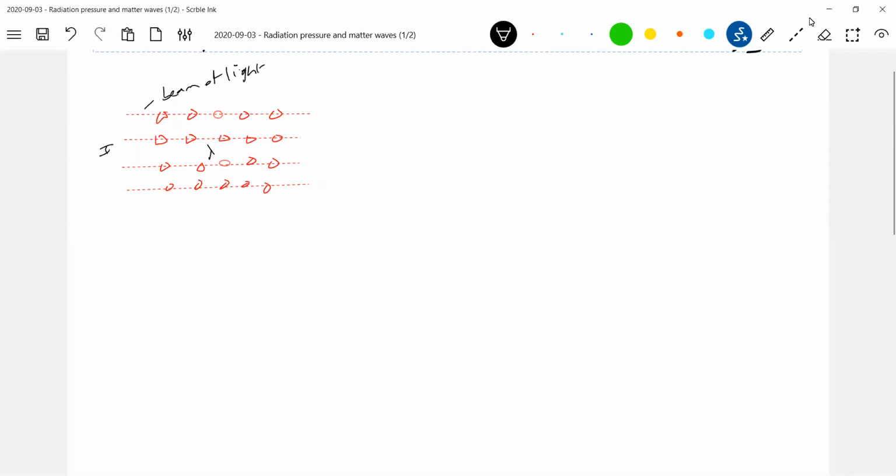Let the area of cross section of the beam be A. How many photons are present in this beam? Can we calculate?